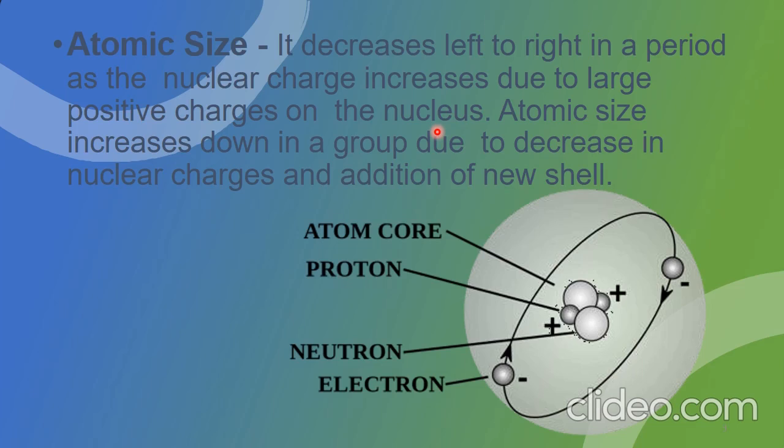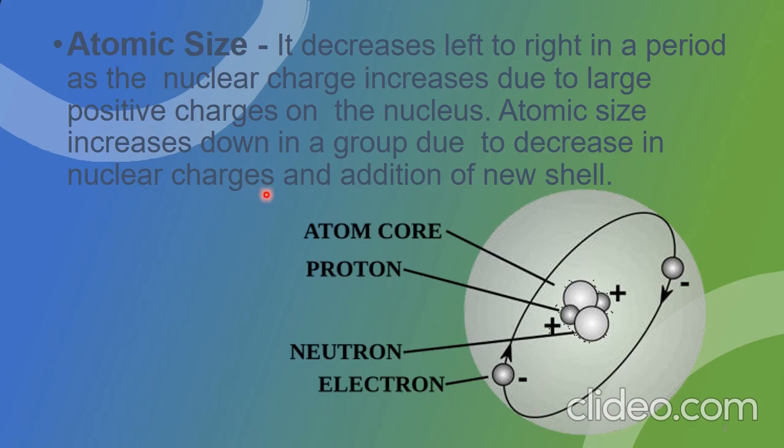When it increases by 1 unit, one extra electron is added, but the addition of an extra proton to the nucleus increases the nuclear charge by 1 in each succeeding element. Due to this increased nuclear charge, the electrons are attracted closer to the nucleus and hence the atomic size decreases. So instead of increasing, it decreases.